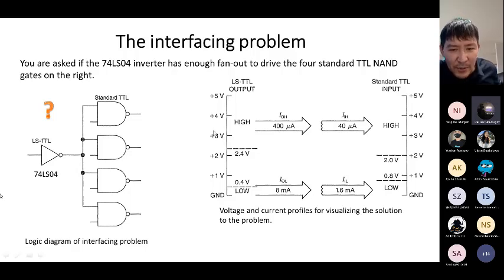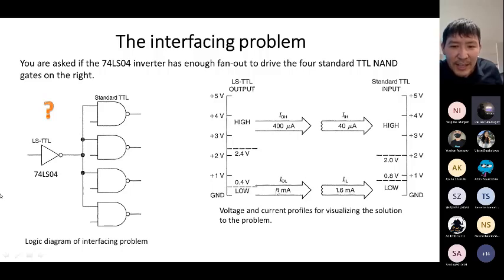Yes. Okay, so maybe you will think that the fan-out will be 10, but it's not 10. Why? Because you now need to check the low value. When the output is low, this inverter can give us a maximum of 8 milliamperes. But this standard NAND gate consumes 1.6 milliamperes.